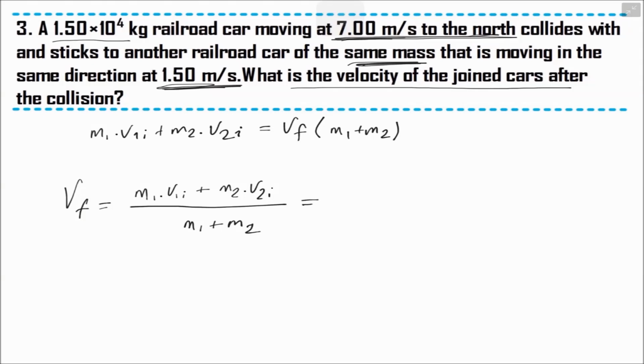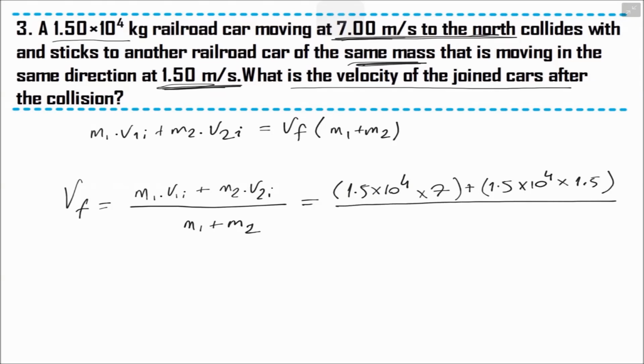So first mass is the 1.5 times 10 to 4 and its velocity is 7 to the north, so it is positive, times 7, plus the second mass, again the same, 1.5 times 10 to 4 times its velocity 1.5, over m1 plus m2.